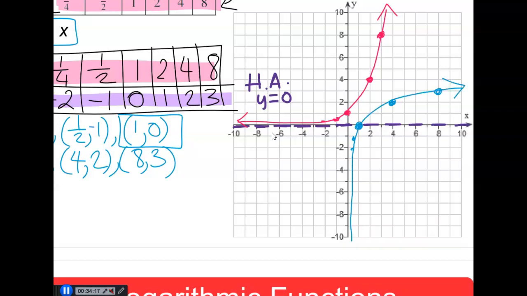All right, so for this graph, we do not have a horizontal asymptote. In fact, we have a vertical asymptote.